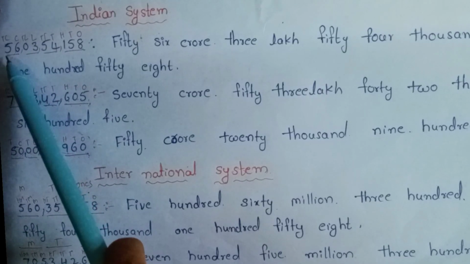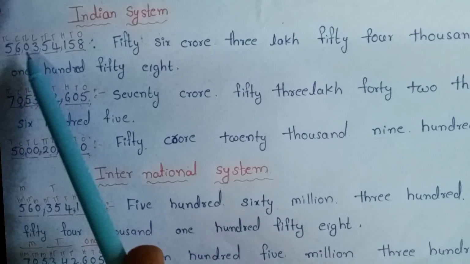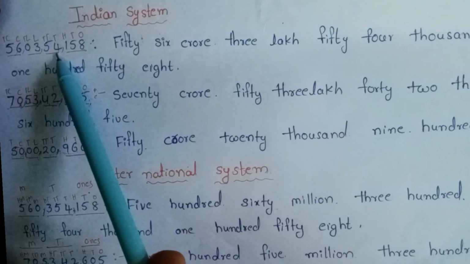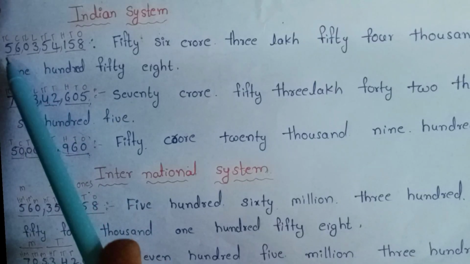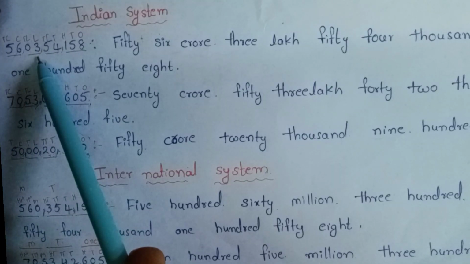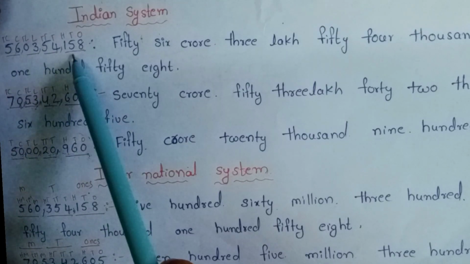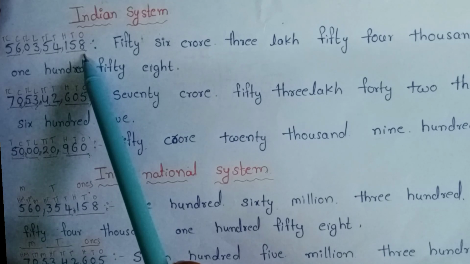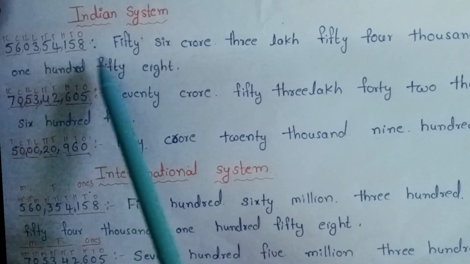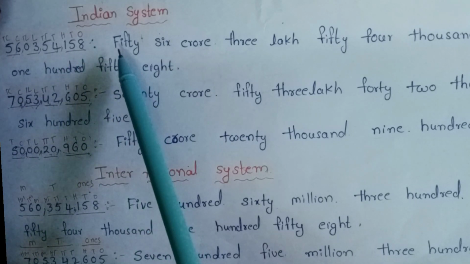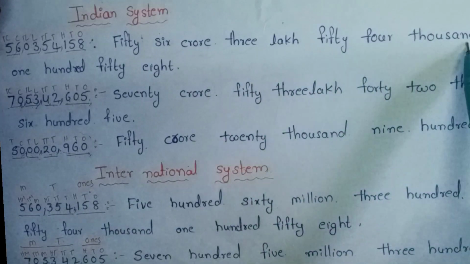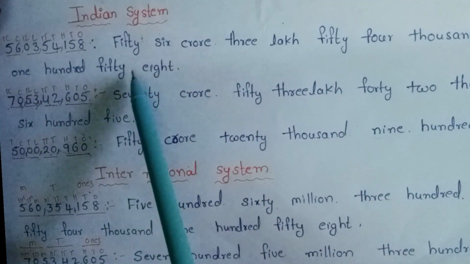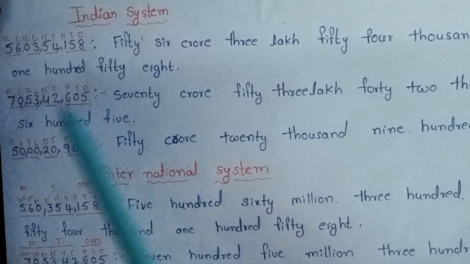So we can read this as 56 crore 3 lakh 54,158. This is the number name: 56 crore 3 lakh 54,158.